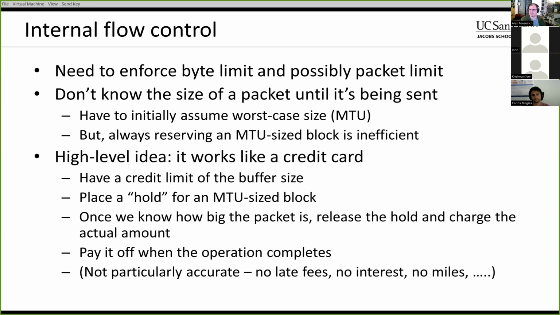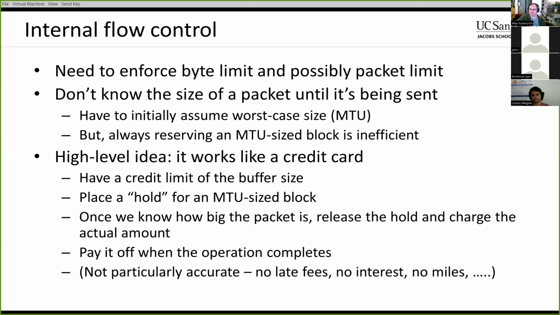So the high level idea is that this works like a credit card. If you've ever pumped gas before, the way it works is you have a credit limit that you can't exceed. That's in terms of bytes in the buffer. So you place a hold for an MTU size block, and the holds cannot exceed the credit limit. Once you've actually started the transmit process and you know how big the packet is, you can swap the hold for a charge of the actual amount.